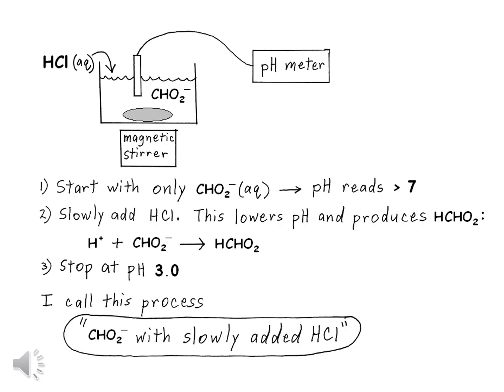If you start with only the base, here's the pH meter. You're going to get a basic pH initially, so you have to add HCl to make it come down. The H plus sticks to the formate, and you get the other component of the buffer, and you stop when the pH is 3. This is what I call CHO2 minus with slowly added HCl.